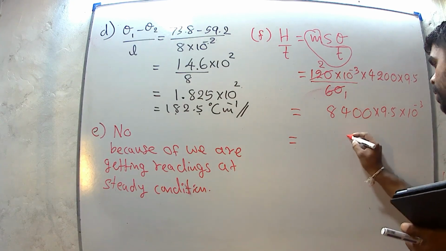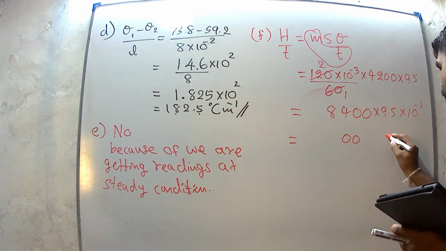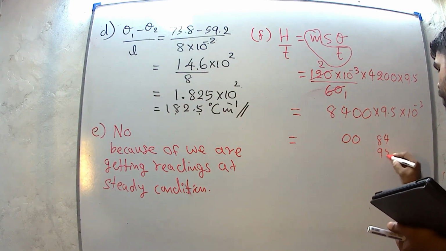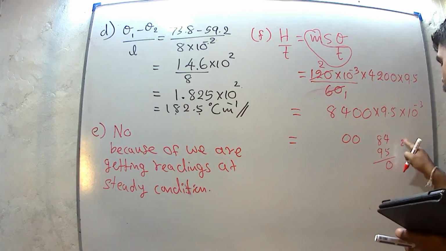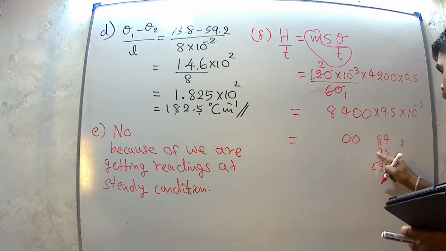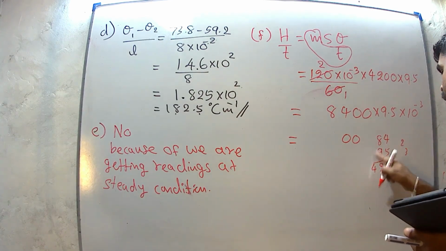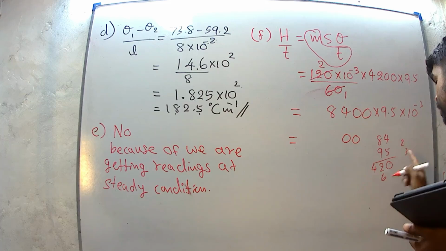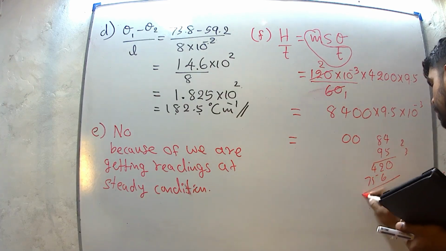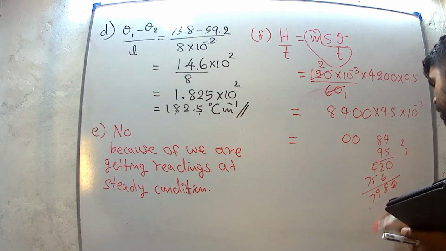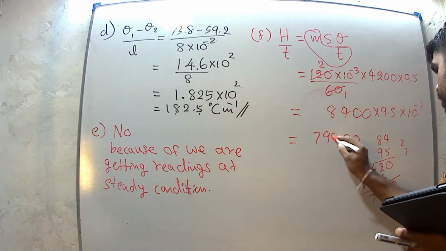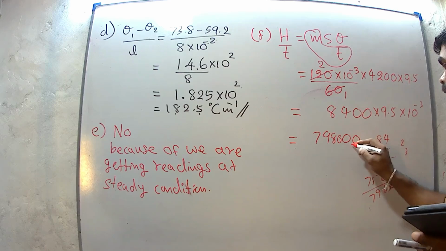We can multiply 84 by 95. 5 into 4, 20, 2 remaining. 5 into 8, 40 plus 2, 42. 9 into 4, 36, 3 remaining. 9 into 8, 72, 72 plus 3, 75. 7980. We have to separate one decimal place.